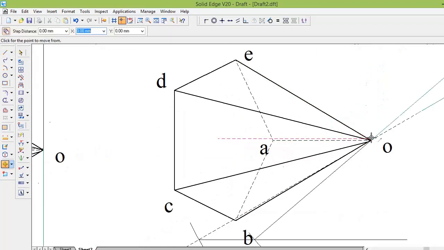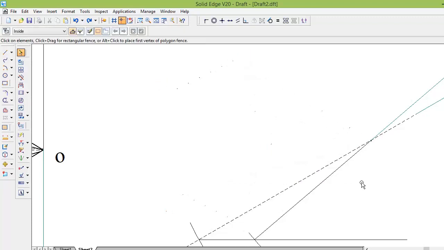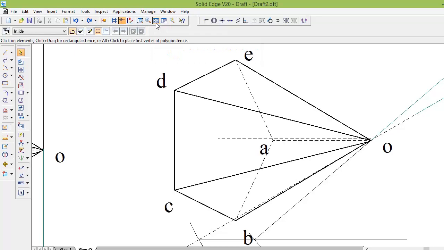You can see this point is exactly on this A. Now I will rotate this. So make this correction. Just have to move this.